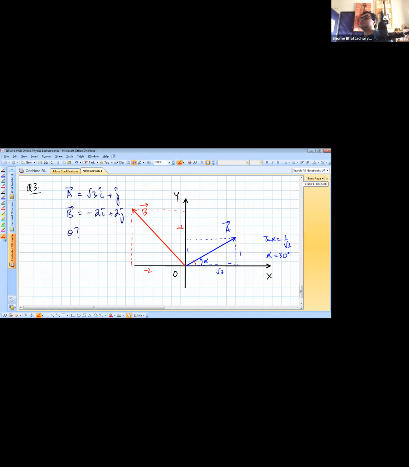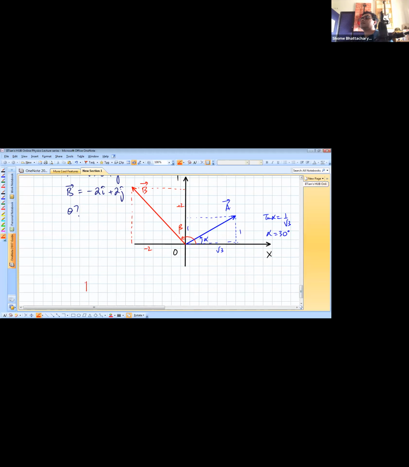So now if you talk about this angle here, let's call this angle beta. You can see beta is in the second quadrant such that tan beta is minus 1. In other words, minus of tan of 180 minus beta.